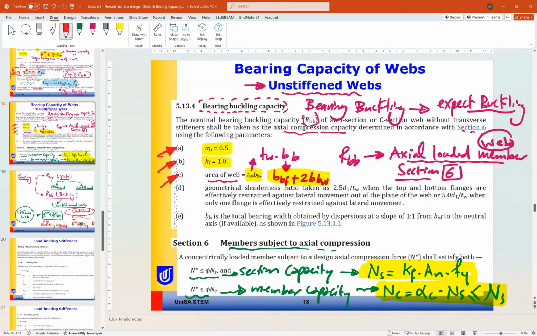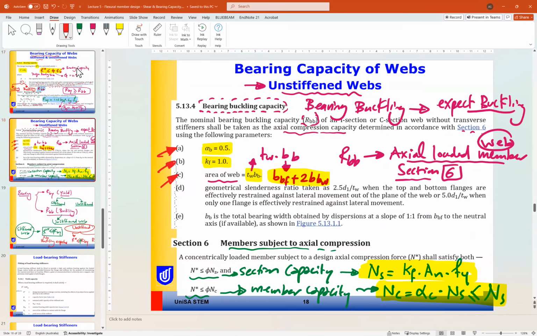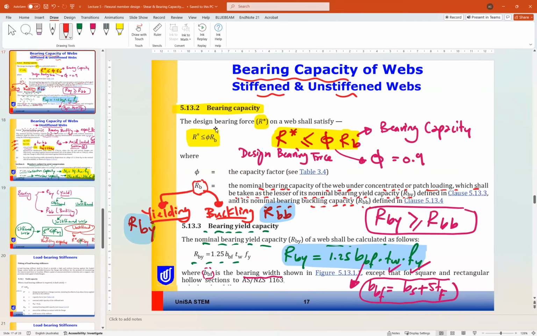Do you have any question about this part for bearing? So for bearing, we have two cases, one of them yield, one of them buckling. Yield can be calculated for stiffened and unstiffened. So this formula, RBY equal to 1.25 BF times TW times F yield, is for both stiffened and unstiffened web.